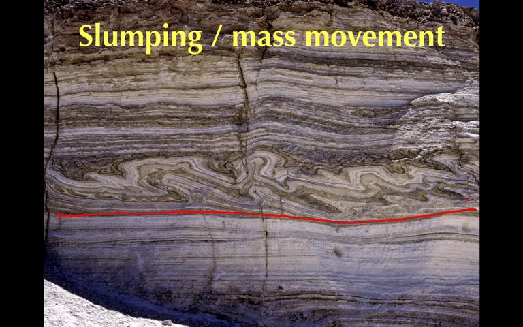And we can see that layers of sediment were buckled in the direction of slump transport. So downslope in this case would have been this way, and all this sediment was transported in that direction as a semi-coherent mass, and the layers are folded because they've been deformed as they slid downslope.